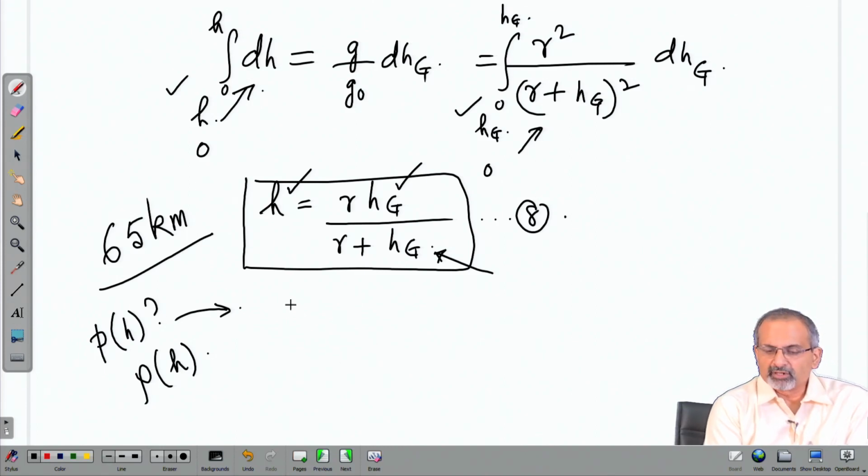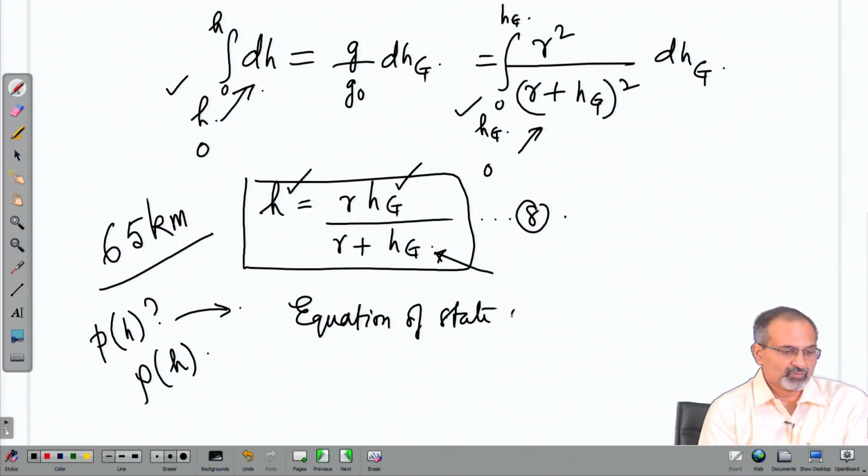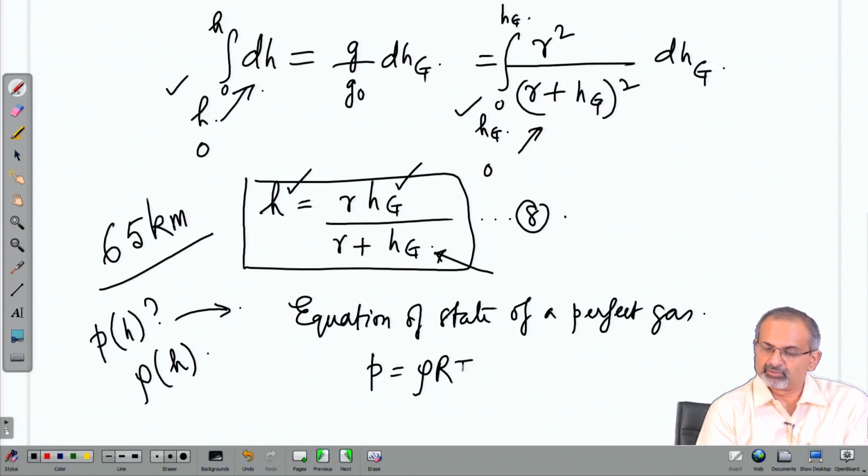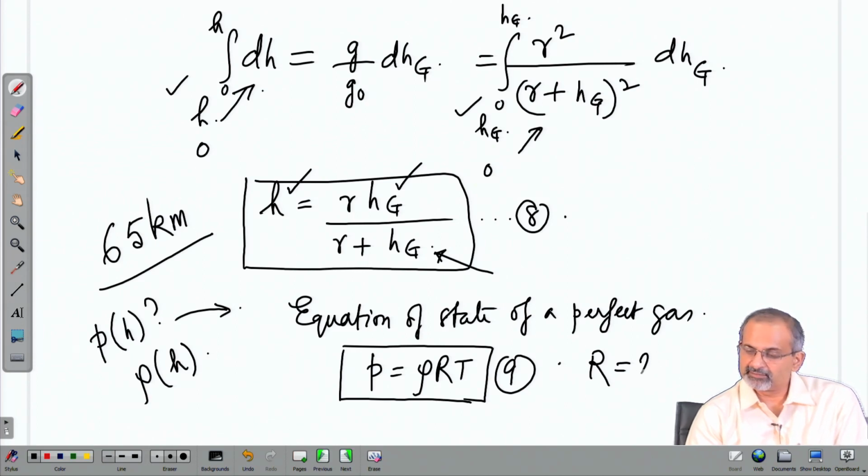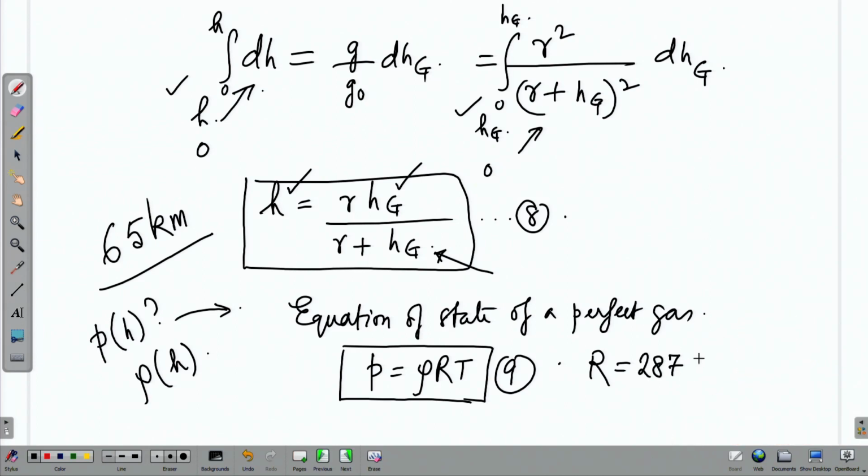We are going to invoke the equation of state of a perfect gas at this point. So, that is P equal to rho R T. For air, the specific gas constant R is given by 287 joules per kg Kelvin.